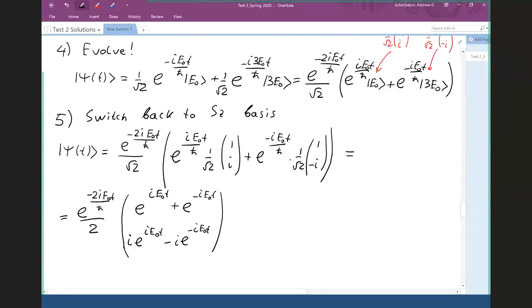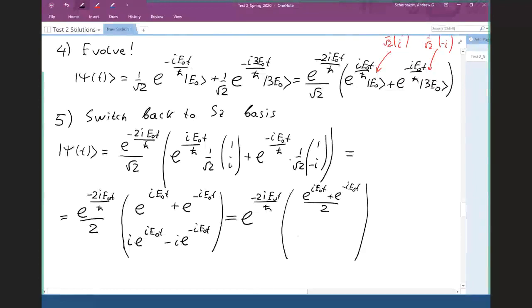Okay, wonderful. Why don't we invoke that 2? Let's bring this 2 inside, so it's e to the negative 2i E naught t over h bar. I don't know why I'm still writing that. I can drop that overall phase at any time. e to the i E naught t plus e to the negative i E naught t over 2.